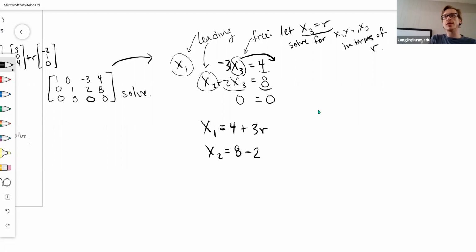But x3, remember, again, is r. And finally, I do want to write down what x3 equals. It is r. That gives me my full explicit expression for x1, x2, and x3 that solve my system. Plug in any value of r, you have a solution triple for that system.